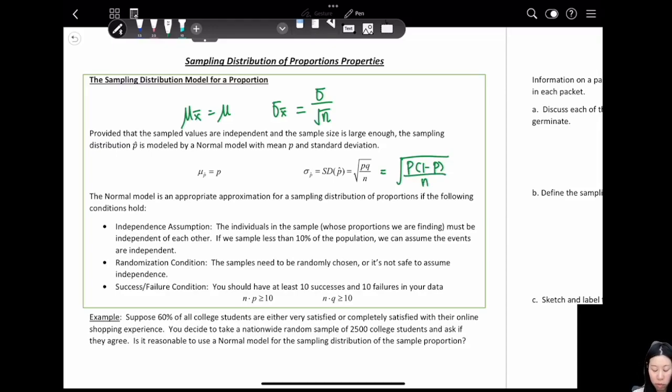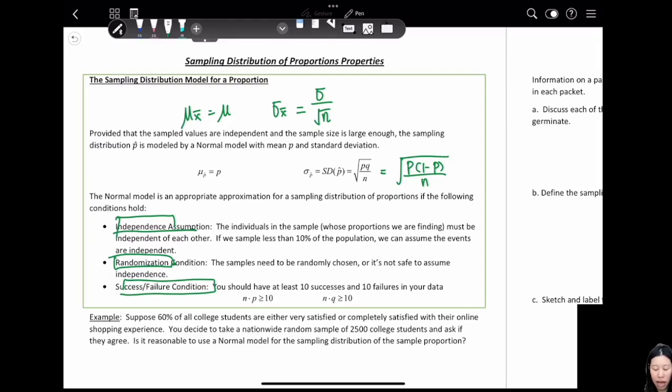Okay, so the normal model is an appropriate approximation for the sampling distribution of proportion if the following conditions hold. First of all, as always, independence. The second is randomization. But for the sampling distribution of proportion, we also care about the success and failure condition, which means you should have at least 10 successes and 10 failures in your data.